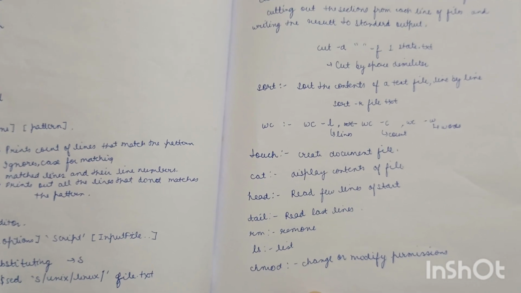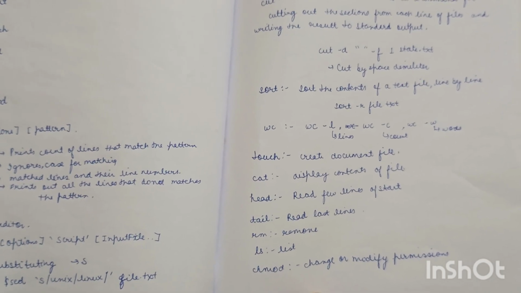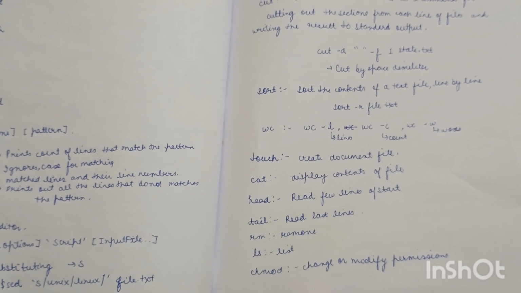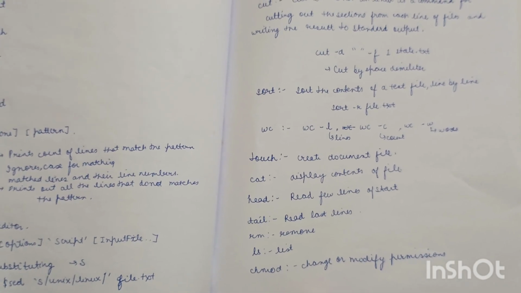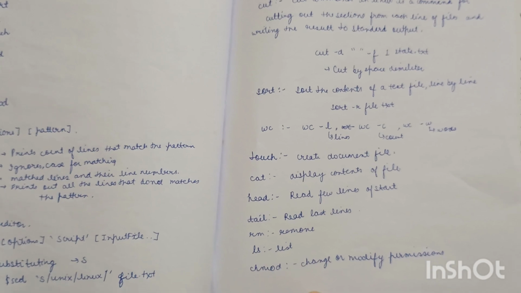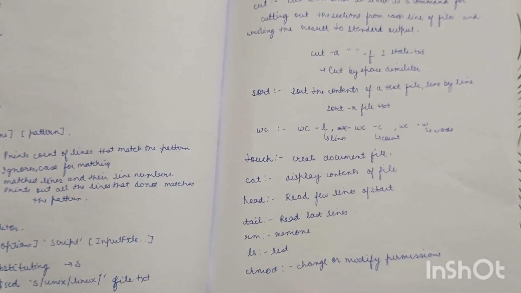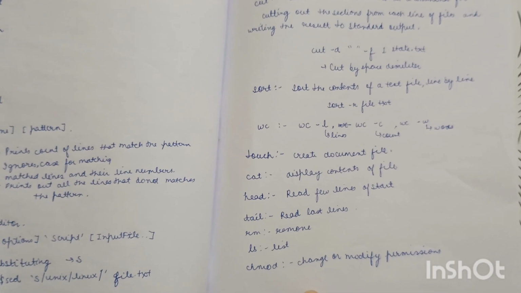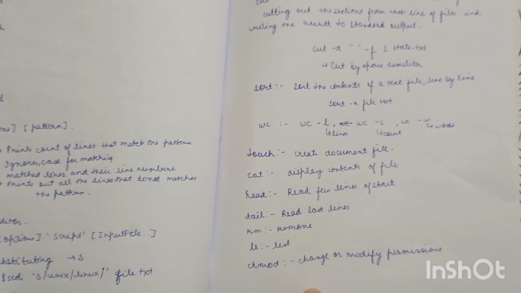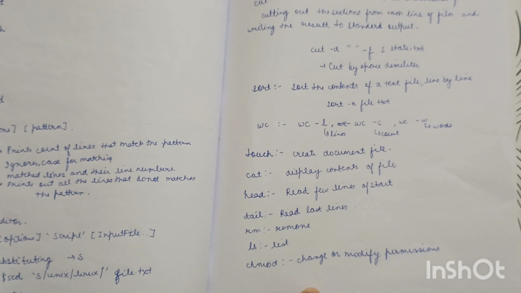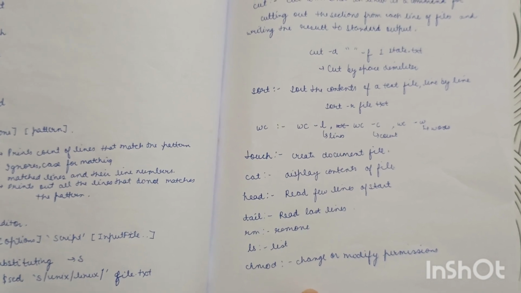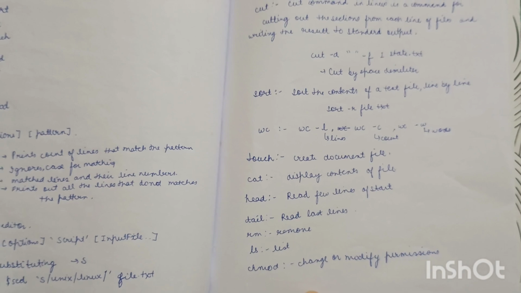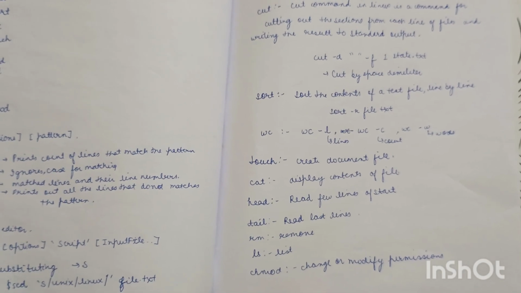Read corresponds to 4, write corresponds to 2, and execute corresponds to 1. So if we have to give all the access to any of the users, we add all these, read 4, write 2, and execute 1, so it sums up to 7. So it means that if we have to give any user all the access, we give 7. Then for group, also 7, then others 7.